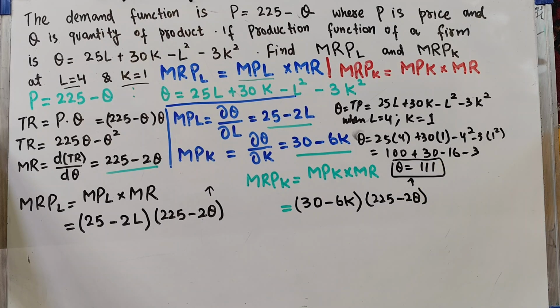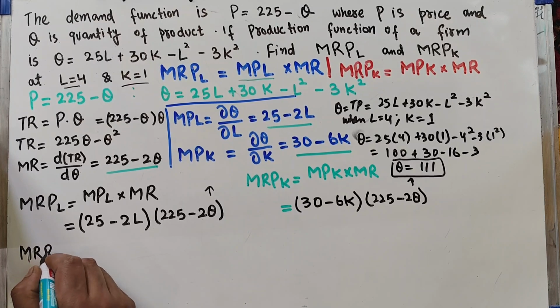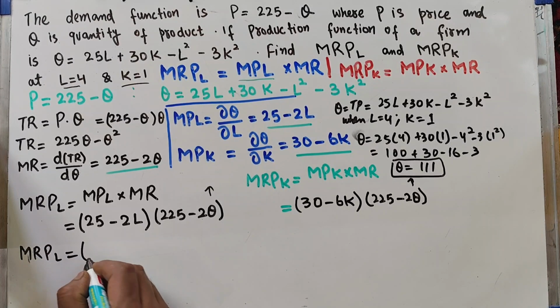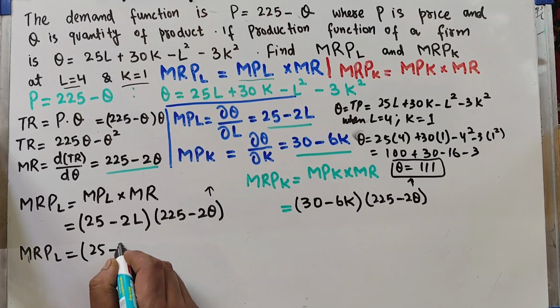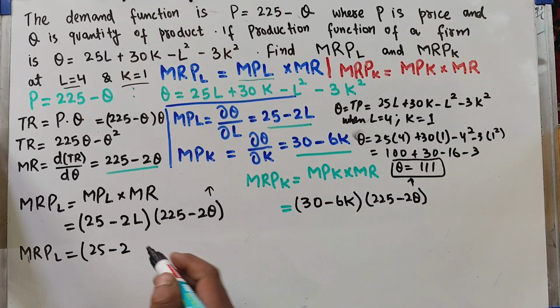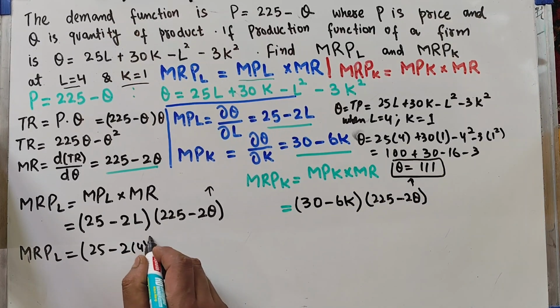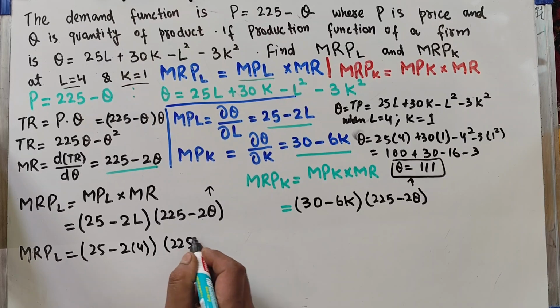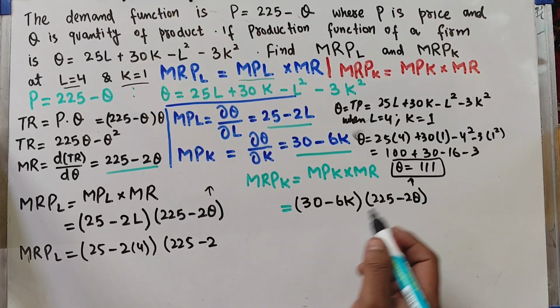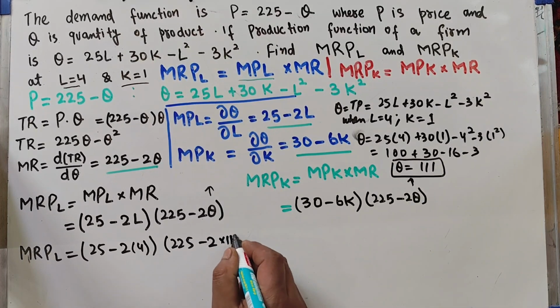So we need to find out the marginal revenue product of labor, which will be equal to 25 minus 2 times the value of L, that is being given to us as 4, times 225 minus 2 times the value of Q, we calculated as 111.